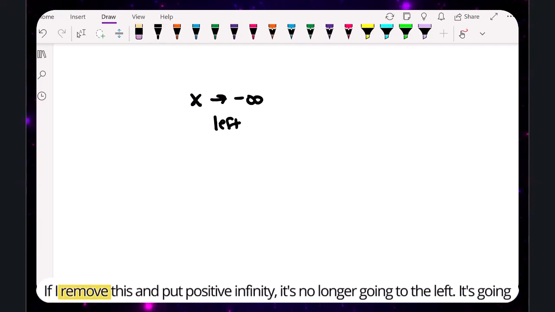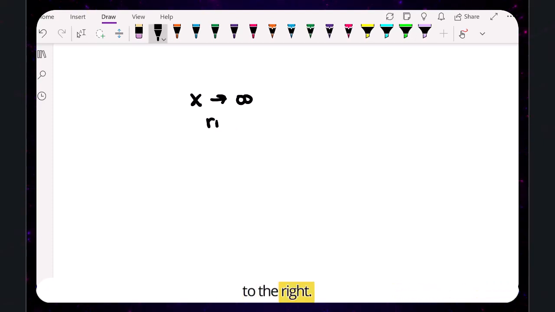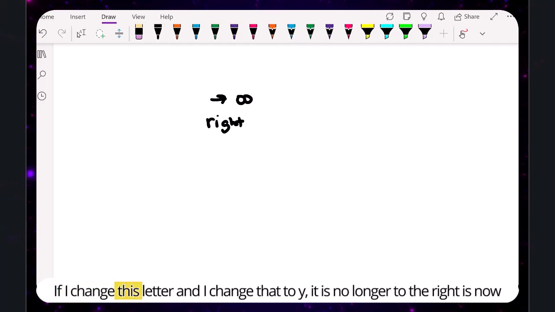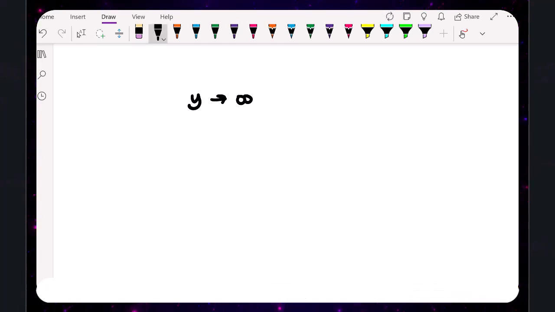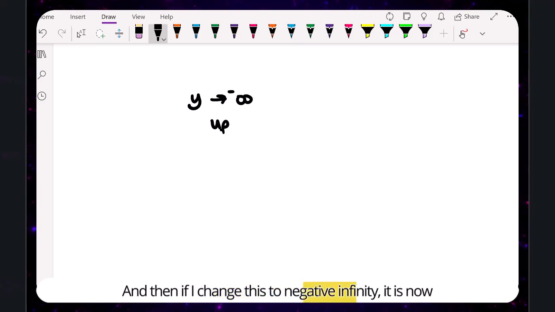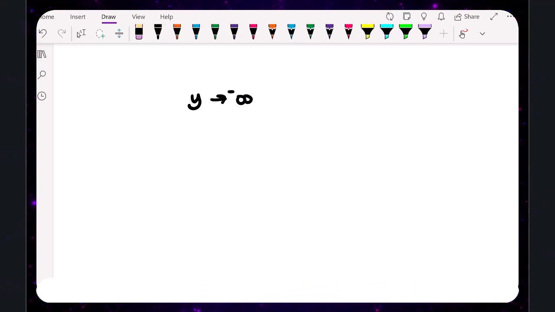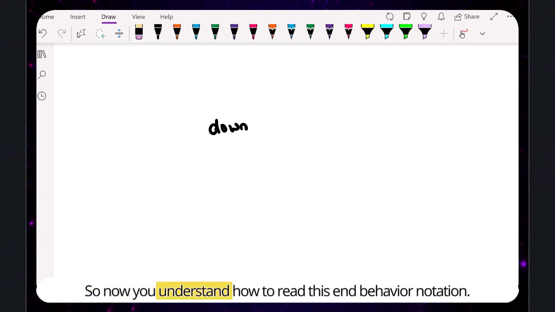If I remove this and put positive infinity, it's no longer going to the left, it's going to the right. If I change this letter to Y, it is no longer to the right, it is now going up. And if I change this to negative infinity, it is now down. So now you understand how to read this end behavior notation.